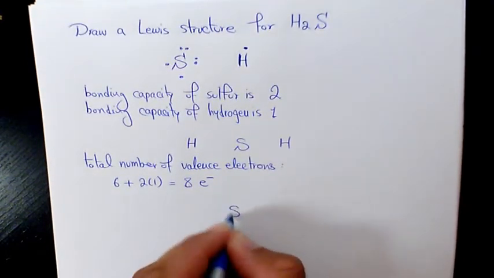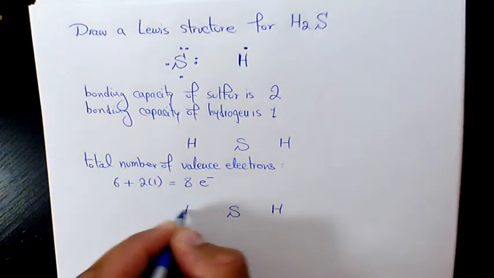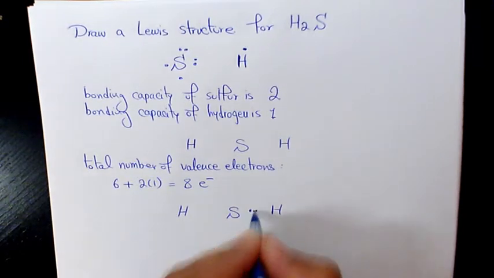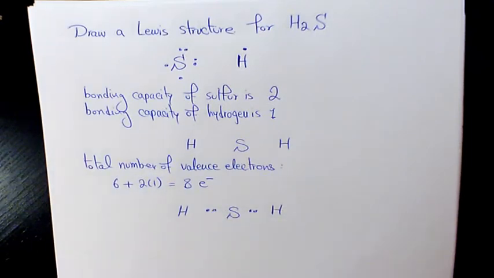So we have S, H, and H, and we need to place one pair of electrons between each adjacent pair of atoms, and every 2 of these dots represents a bonding electron pair that forms a single covalent bond. So 1, 2, 1, 2.